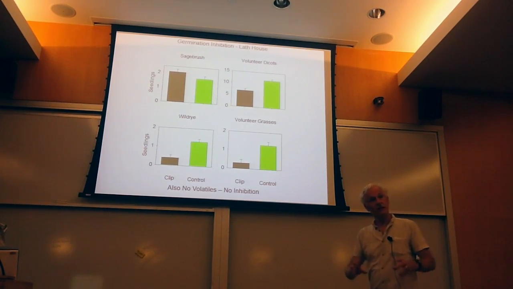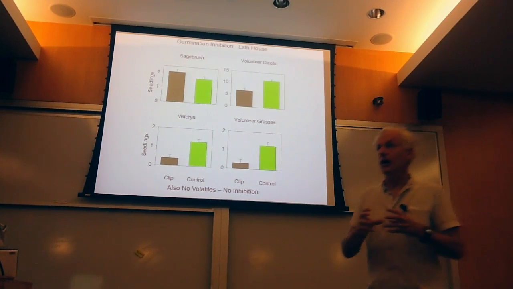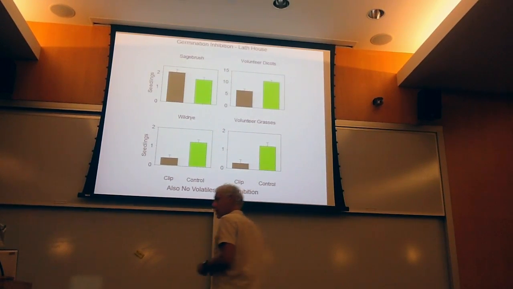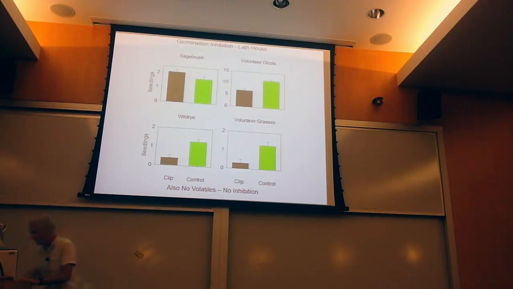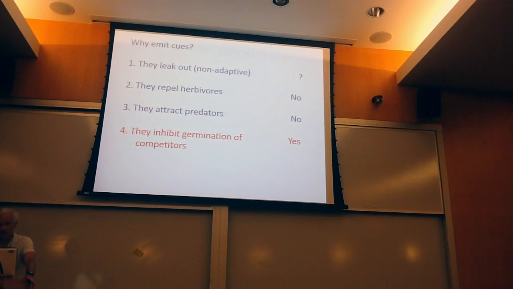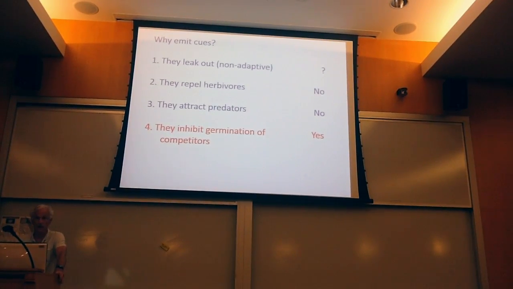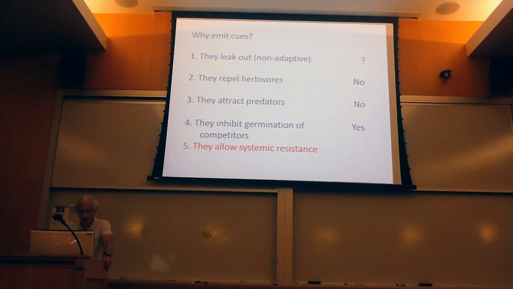So it does seem as if these chemicals that are emitted when sagebrush gets damaged are pretty good inhibitors of germination. So this seems to be something that might be a consequence of emitting these cues.